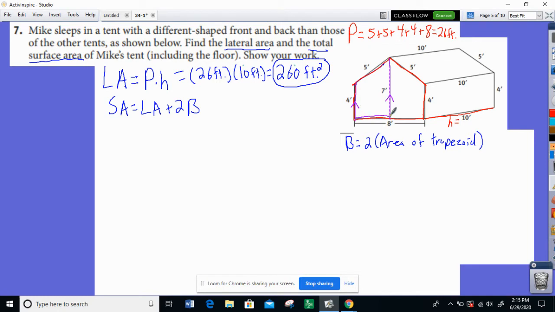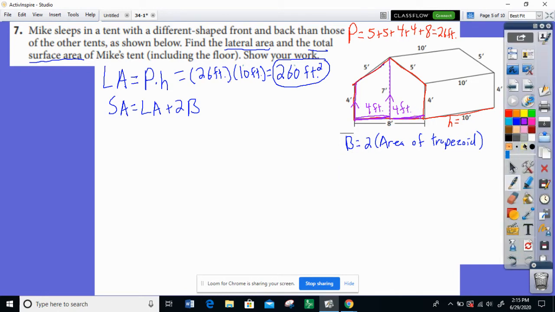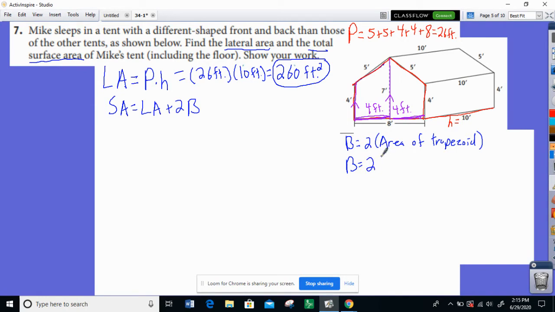And then for one of those trapezoids, this length is going to be 4 feet for the height, and the other length over here is going to be 4 feet for the other height. So the area of the base is going to be 2 times the area of one of these trapezoids.